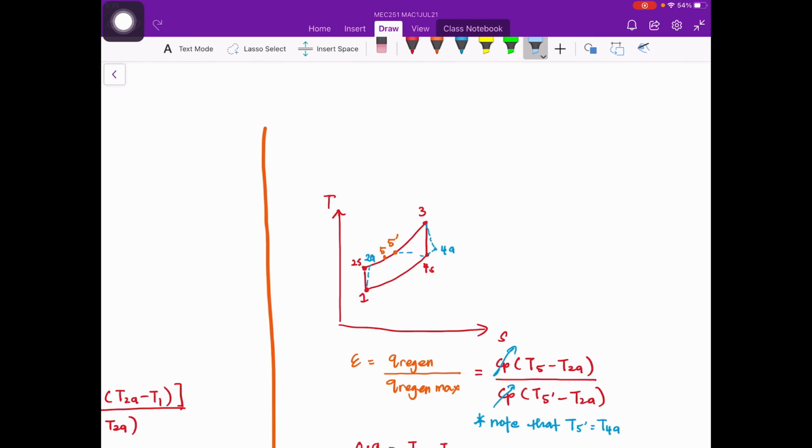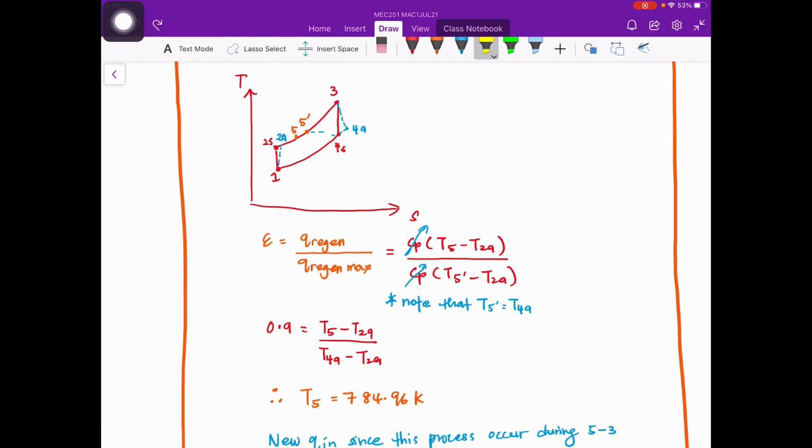If, let's say, we want to draw the TS diagram for this Brayton cycle with regeneration, it will look like this, where we have state 5 over here. The 5 prime is the maximum temperature when the regeneration occurs, and state 5 will be the actual temperature once the substance leaves the regenerator before entering the combustion chamber.